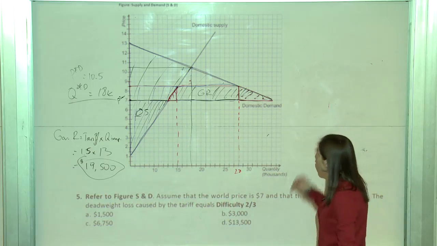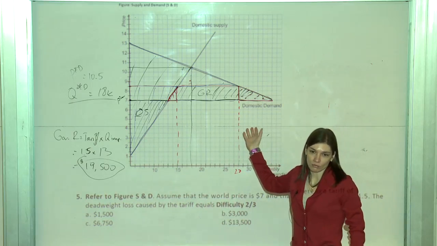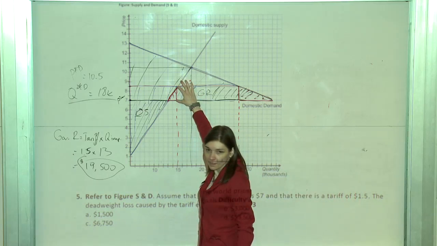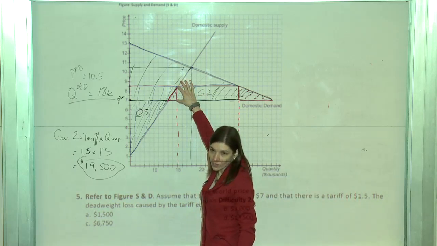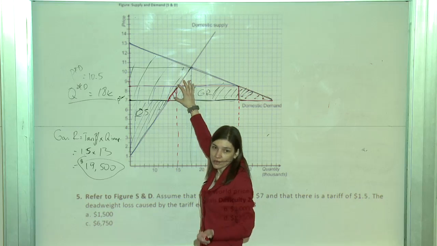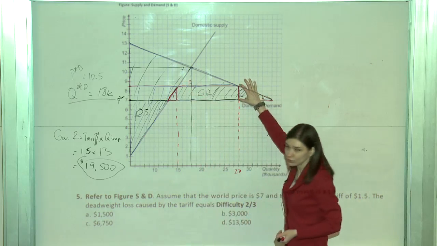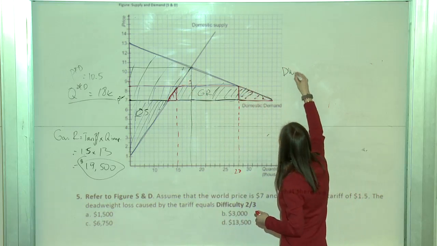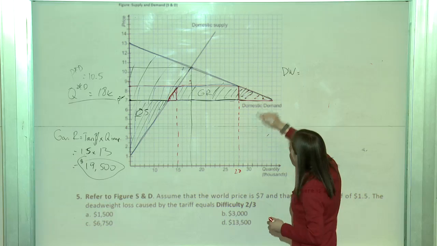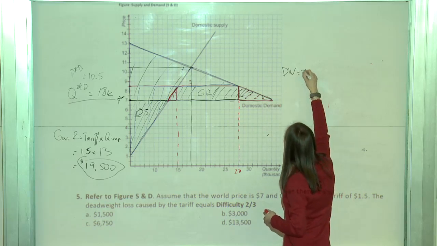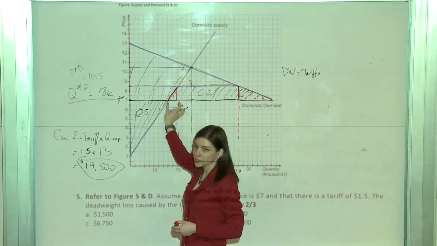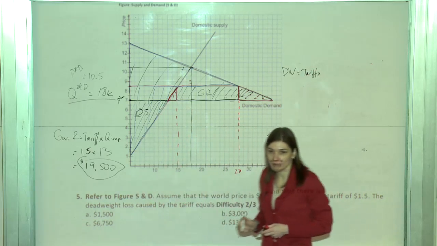Okay, so let's figure it out. These two are right triangles. So one side is going to be, what does it represent? It's the tariff, right? So one side is going to be the tariff, and the same for that one. So the deadweight loss due to the tariff is going to be the tariff times, what is this side here?